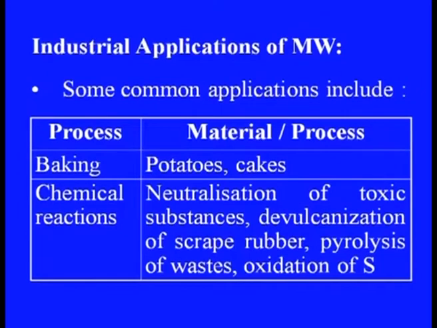Then for chemical reactions to initiate or to complete, microwave exposure is being used. For example, neutralization of toxic substances, devulcanization of scrap rubber, pyrolysis of wastes, oxidation of sulfur and so on.